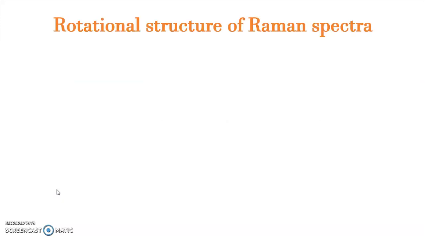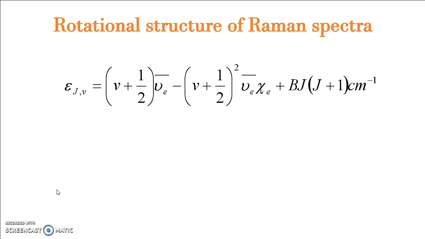We can write the rotational vibrational energy levels as a function of vibrational quantum number V and rotational quantum number J as epsilon JV equal to (V plus half) nu bar E minus (V plus half) whole square nu bar E chi E plus B J (J plus 1) centimeter inverse.